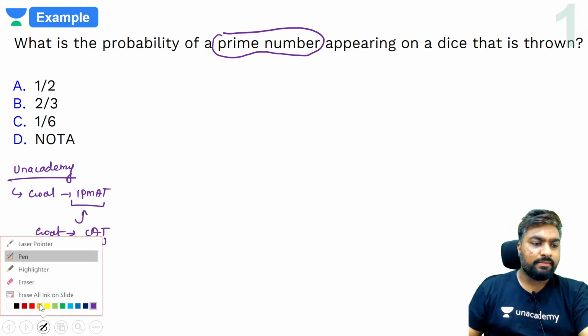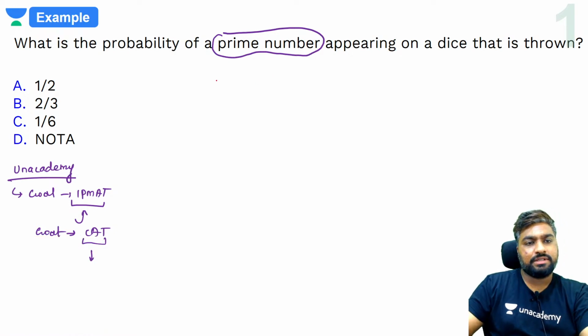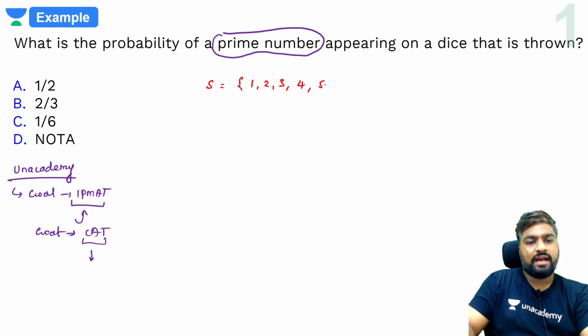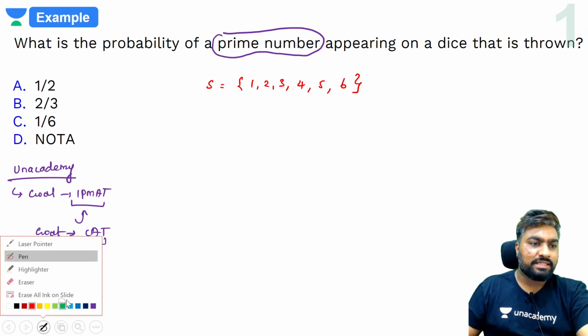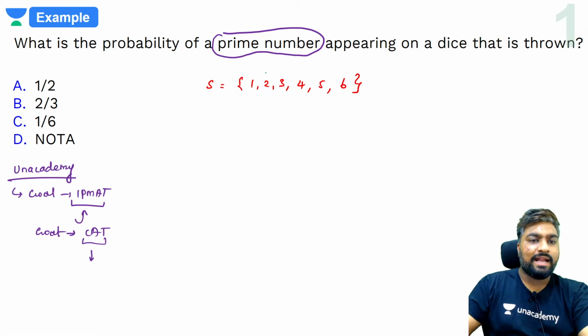Superb. A common misconception, guys. Let's say our set of favorable outcomes is F, and total outcomes is S. One dice will have 1, 2, 3, 4, 5 and 6. They want prime numbers. A very common mistake is considering 1 as prime. Is 1 prime? No, it is not prime. It is not composite either.